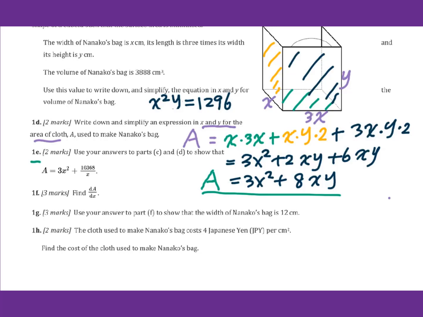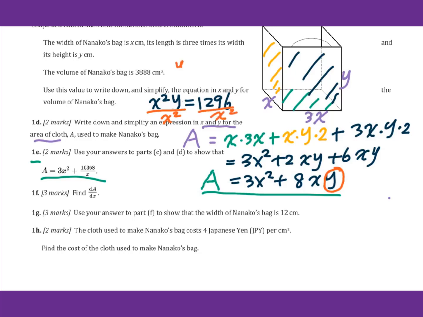For 1E, use your answers to parts C and D to show that area equals 3x squared plus 10368 over x. Basically, we need to change this y into an expression including x. From here, we divide by x squared on both sides.